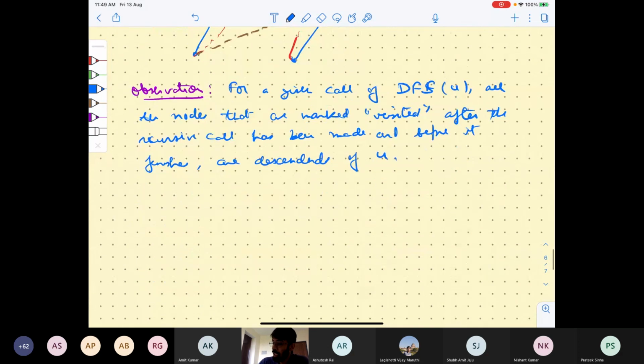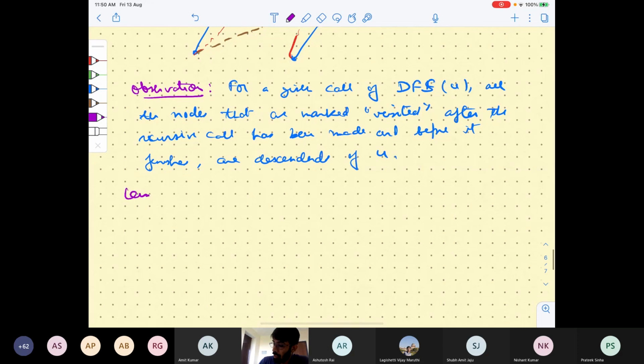Using this observation, we can prove a similar lemma like BFS.